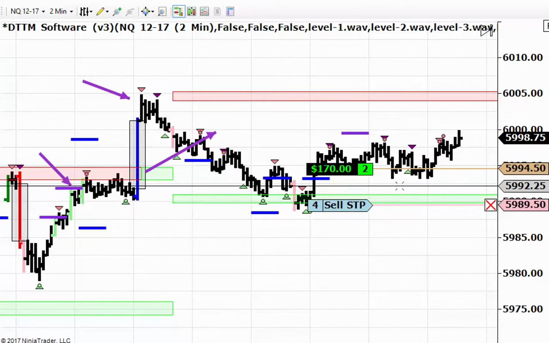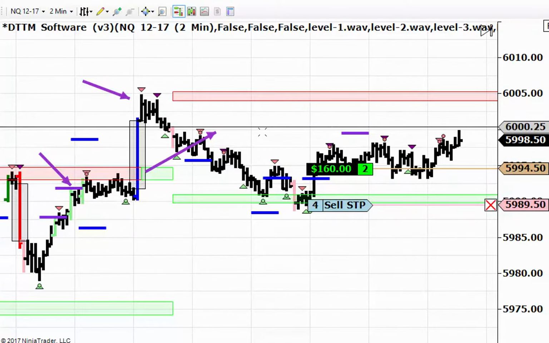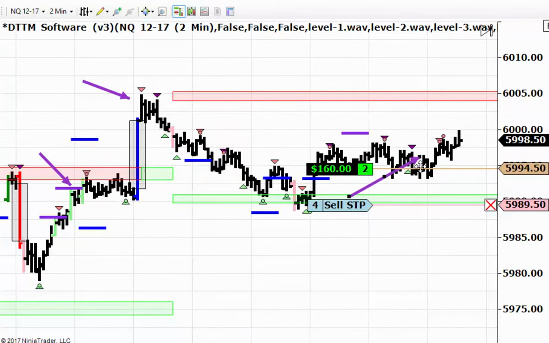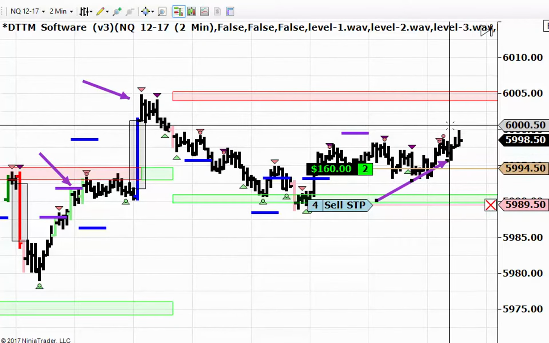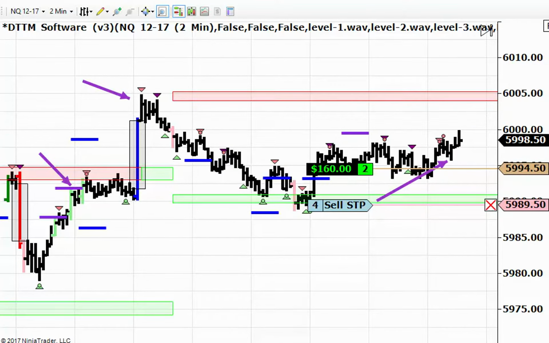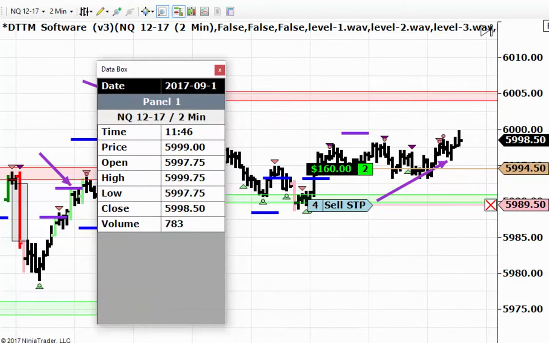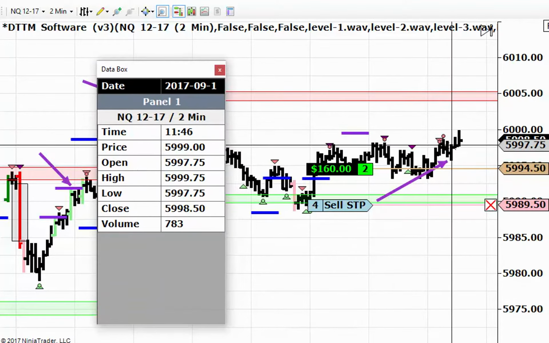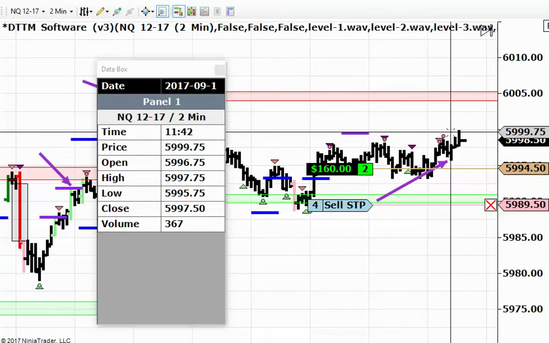You can see here that the market did have a bit of a dip, and if we take a look and see what that low is, bring over the data box again. The low of that bar right there is at 95.75.